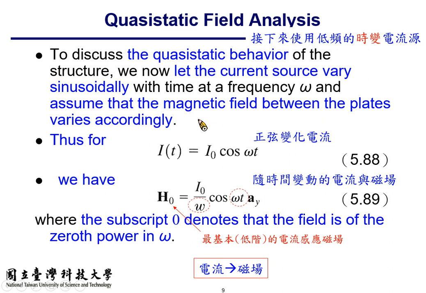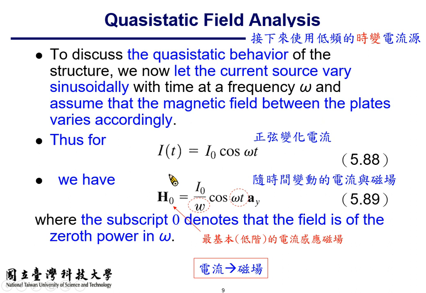So now the signal provided by the current source is a sinusoidal one, which can be represented by equation 5.88 as I sub 0 times cosine of omega times t.